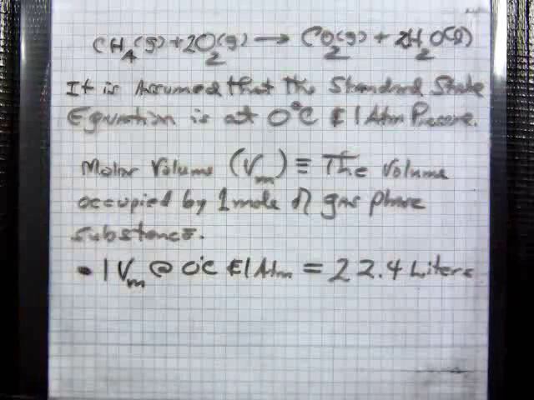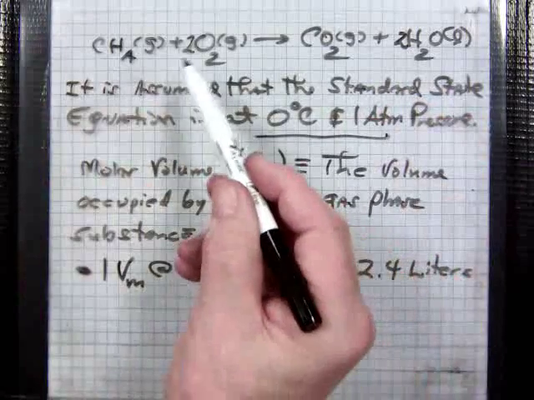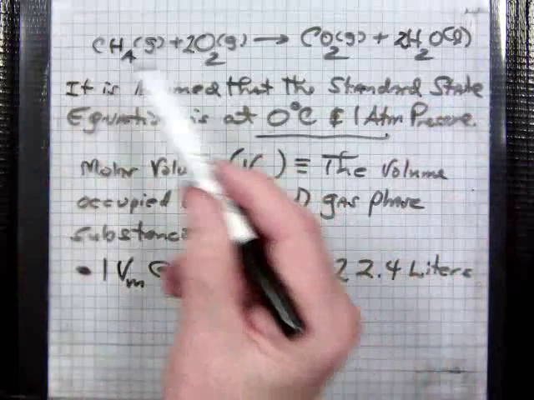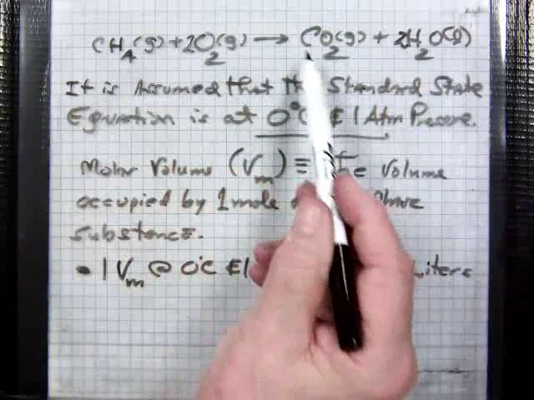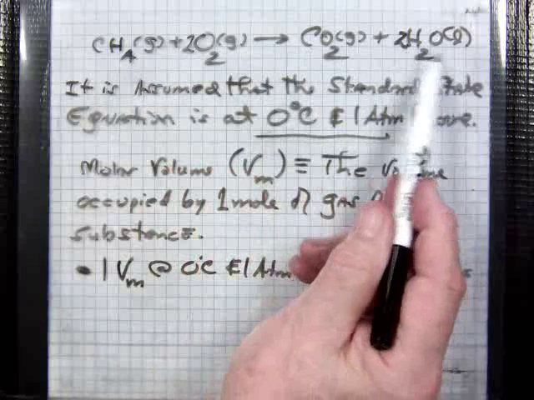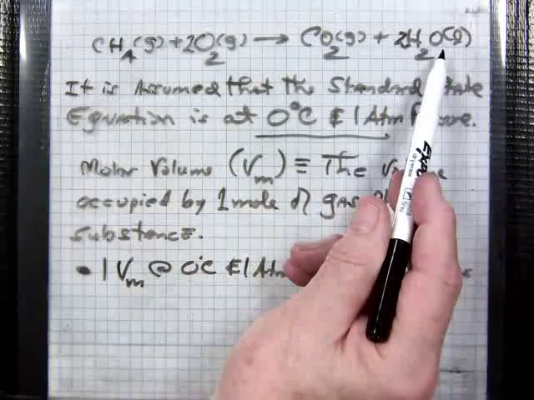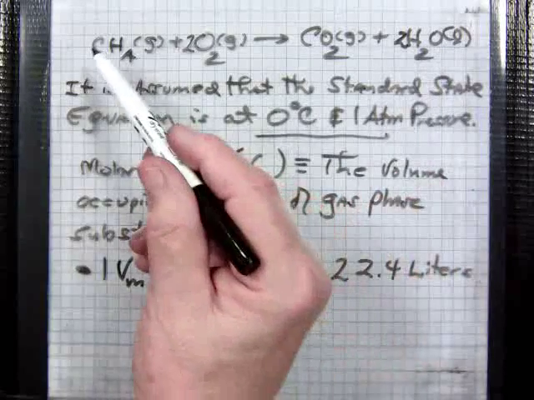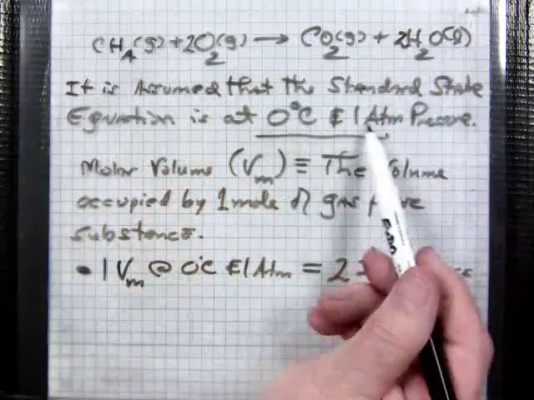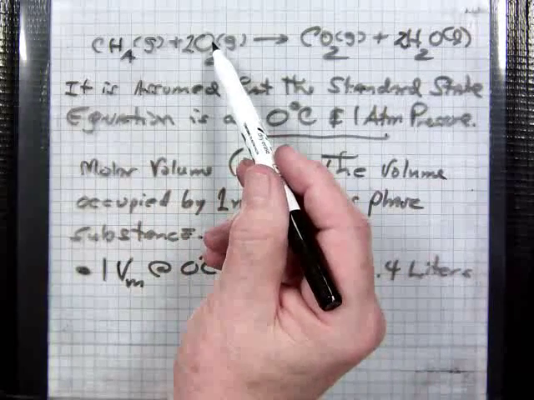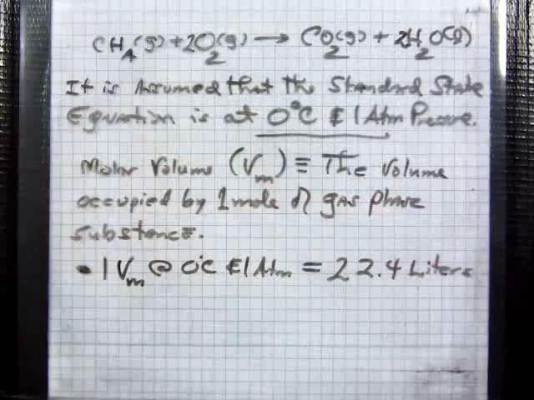One is to assume this is at 0 degrees and 1 atmosphere, so that if you have gas phase, you know that if it's a 1 right there, that's 1 molar volume. A 2 represents 2 molar volumes. Well, liquids don't count because liquids and solids are not molar volumes. They only apply to gases. So we can say this is 22.4 liters at STP. That's what STP is, 0 and 1. And this is 44.8, 2 times 22.4 liters. And CO2, again, is 22.4.